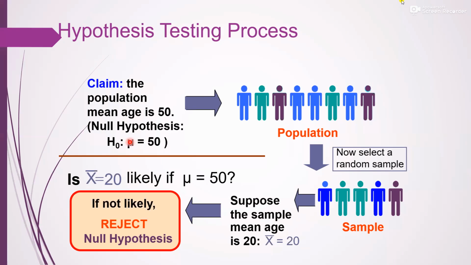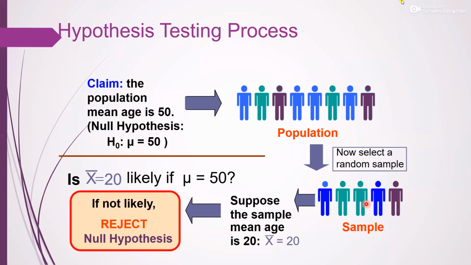Now we have to decide whether this is true or false. Right? A very large number of employees are there, so we are not able to consider each and every employee. So now we are selecting a random sample of employees from this population.